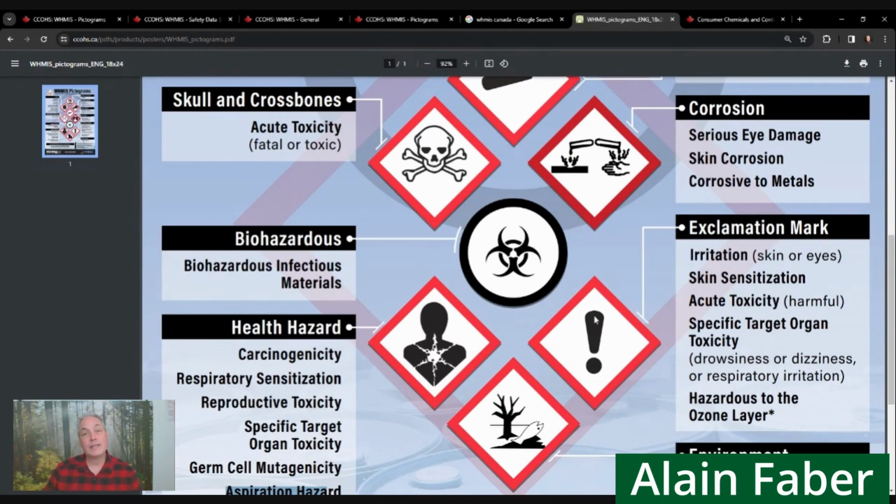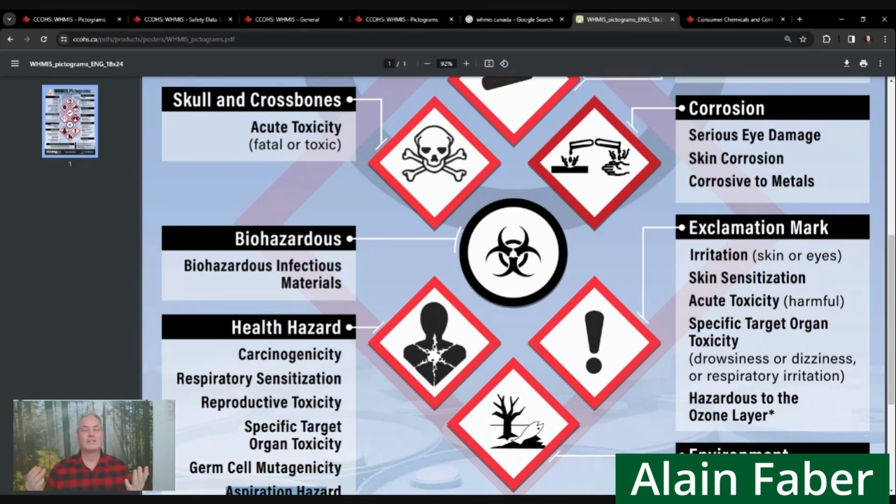And the third one here, with the exclamation point, is what we call irritation. It's not something as bad as the other two, but it brings an uncomfortable moment. So it could be skin sensitivity when we're in contact with, for example, how do we call this?